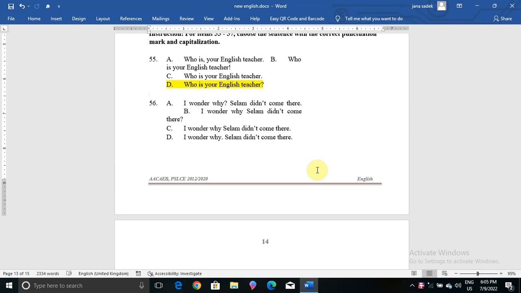So S will be in its capital letter. And with I wonder why, we will not use the question mark directly after why. It will be at the end of the sentence. So the correct answer for question number 56 is B. Why? Because I wonder why Selim didn't come there, and we have the question mark at the end of the sentence, not in the middle of the sentence.